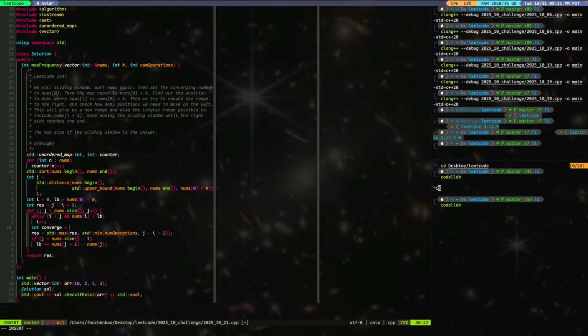How do we find the maximum frequency in a range?